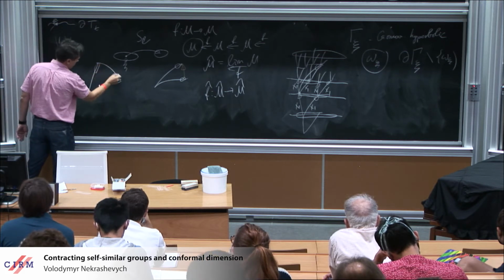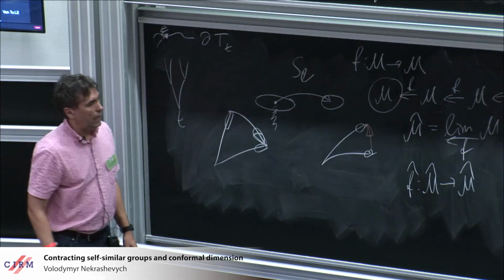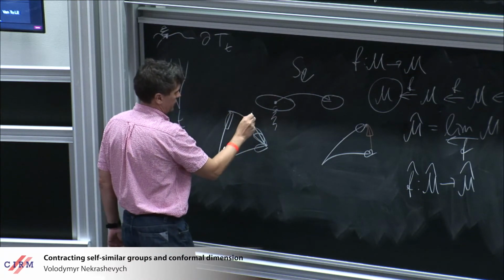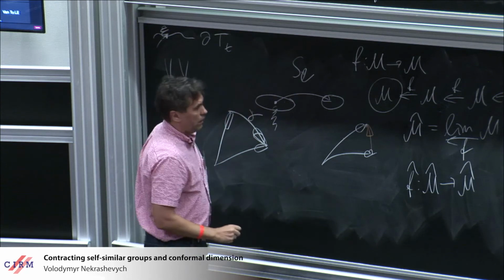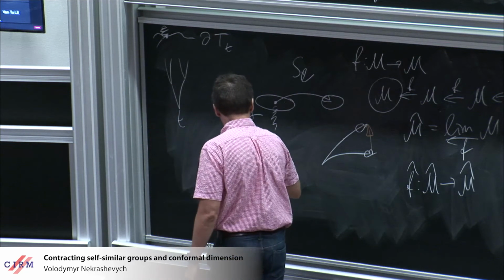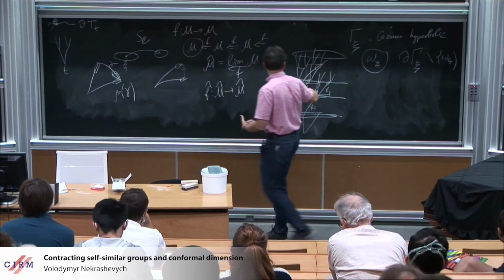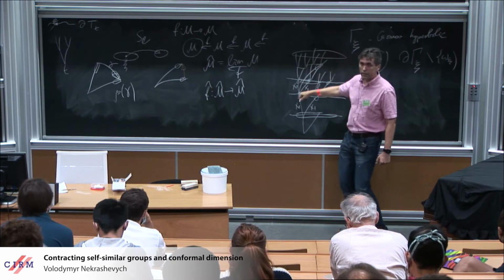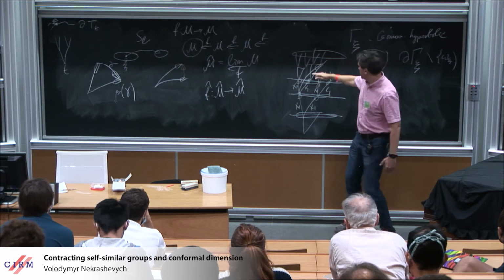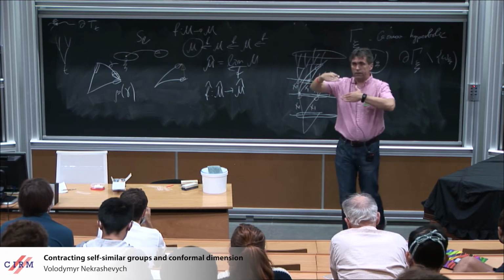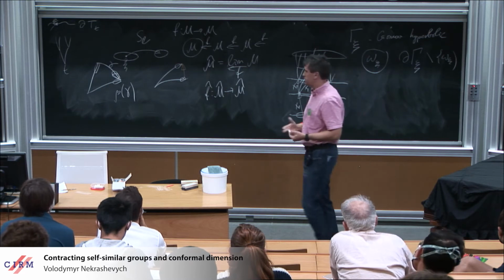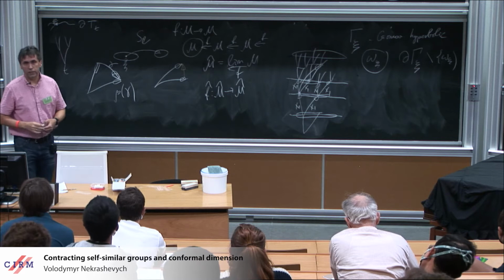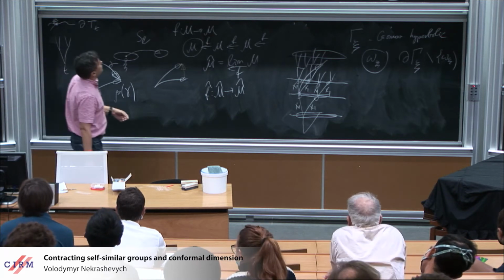So you get another germ closing the diagram, and the value of this co-cycle on this germ. So if this germ is gamma, the Busemann co-cycle beta of gamma is just the difference of levels. The level of the end of the germ minus the level of the start, positive if you go up. So that's the classical Busemann co-cycle for a hyperbolic graph associated with a point on the boundary.